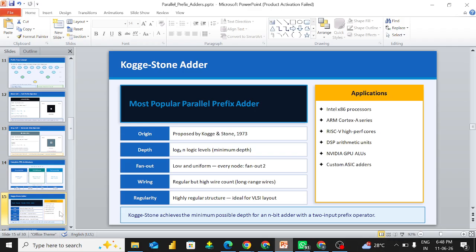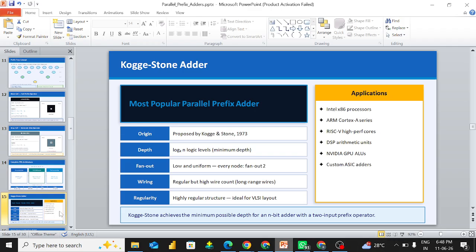It achieves the highest speed, so it is used in CPUs, GPUs, and high performance processors. Why? Because in every CPU, GPU, and processor we need speed, right? To achieve speed, we use this Kogge-Stone adder.